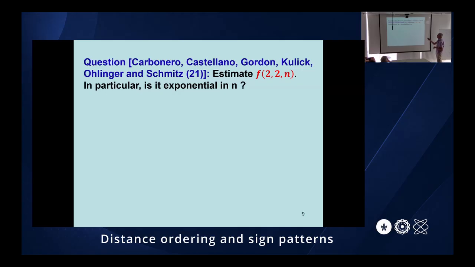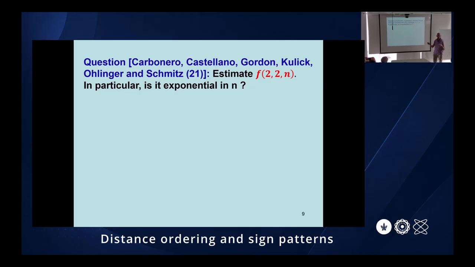So we have 2 points, and we order according to the sum of distances from this pair of points. We have n fixed points in the plane, the dimension is 2, and we want to know how many orders we can have if we let the 2 points vary. And specifically, they asked if it's exponential in n.